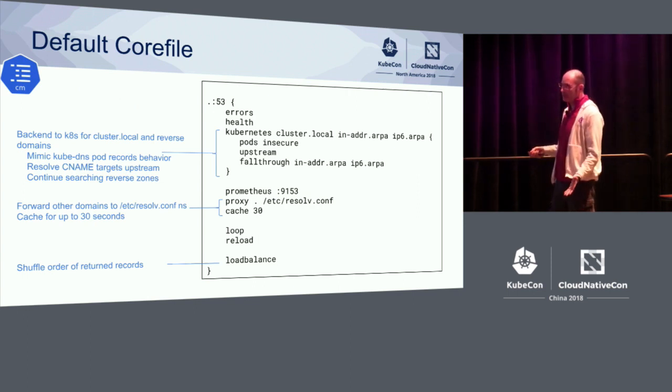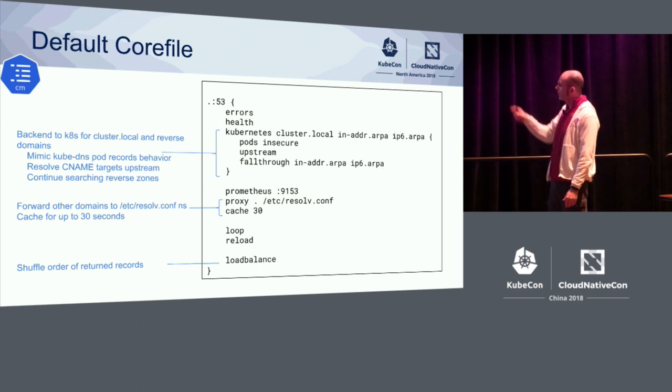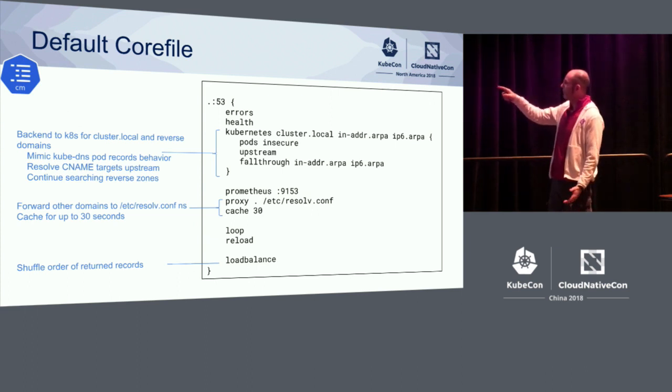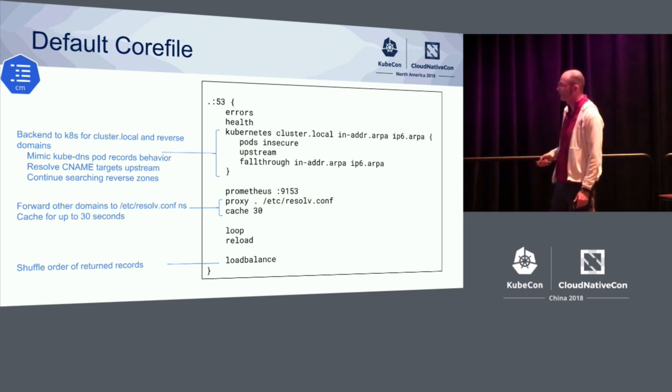If not, that means out of cluster domain, so it will be resolved outside by a proxy to an upstream name server. The list of name servers is by default in /etc/resolv.conf, as it is on every pod or every machine. We have a cache of 30 seconds, which works mostly for the upstream DNS query, because Kubernetes will have a TTL of 5 seconds, in fact.